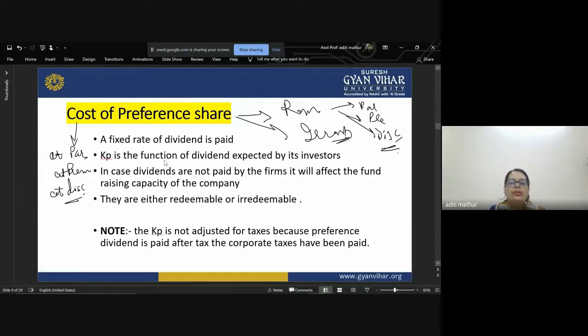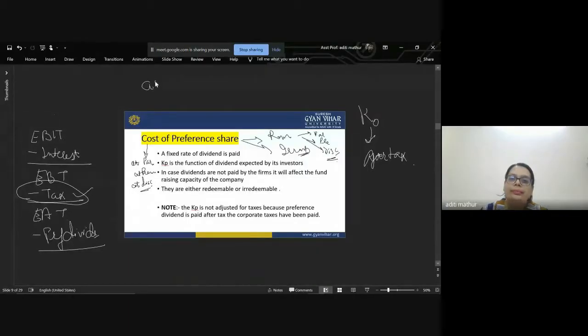There is a small note to be taken into consideration, that is, the cost of preference share is not adjusted for tax because preference dividend is paid after tax. The corporate tax has already been paid. Our KP will already be tax adjusted. Just remember that whenever we calculate KD, it has to be after tax. That is why we did the adjustments of tax in the case of debentures.